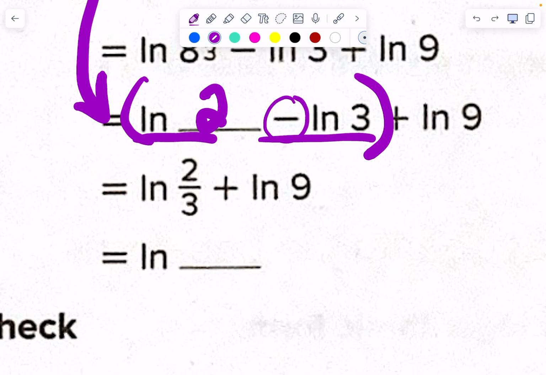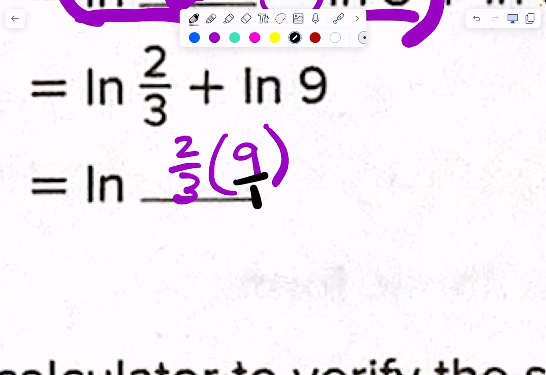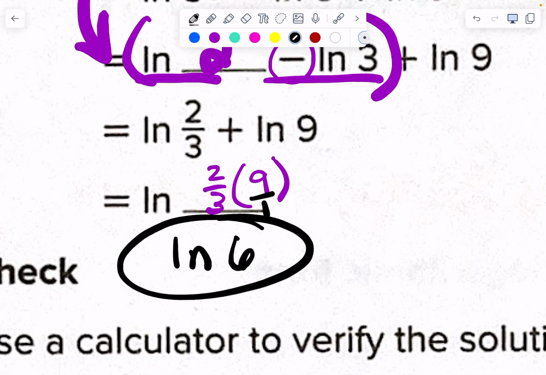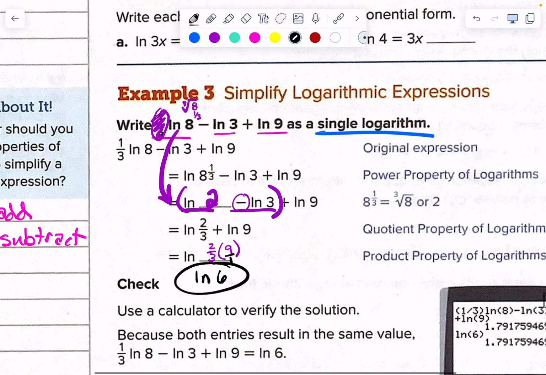Multiply. So I'm going to take 2/3 and multiply by 9. What's 9 as a fraction? 9/1. What's 2/3 times 9/1? 18/3, which is 6. So the final answer is ln of 6. That is completely put together into a single log.